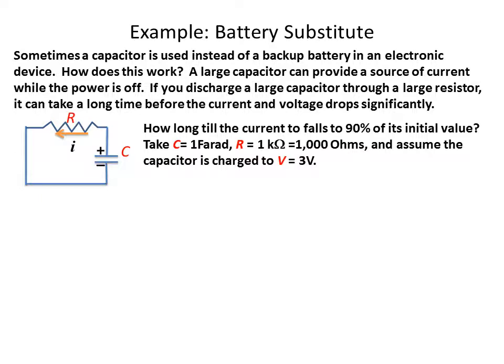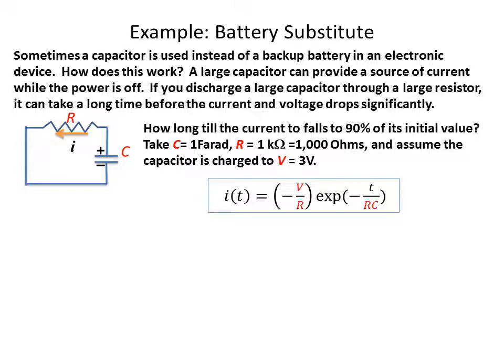How long will it take till the current falls to 90% of its initial value? We'll take the capacitance equal to 1 farad, the resistance equal to 1 kilo ohm or 1,000 ohms, and assume that the capacitor is charged to a voltage of around 3 volts. We have our solution for the current as a function of time for a discharging capacitor, which is equal to the initial value of the current, minus V divided by R, times the decaying exponential.